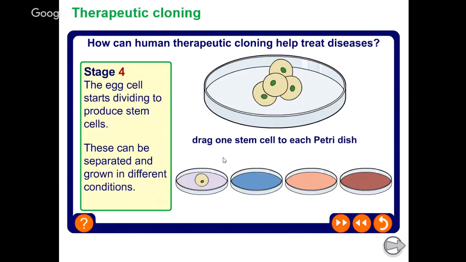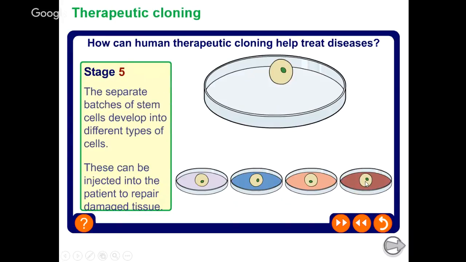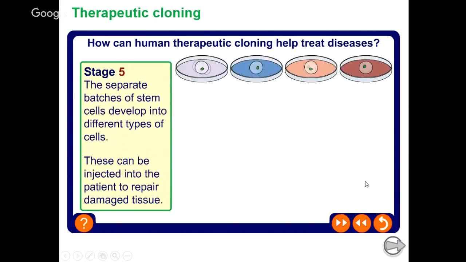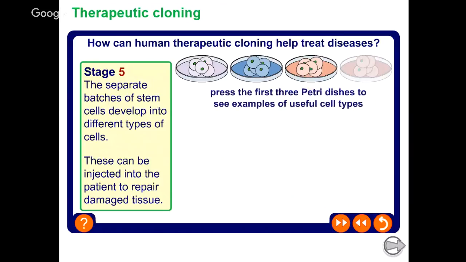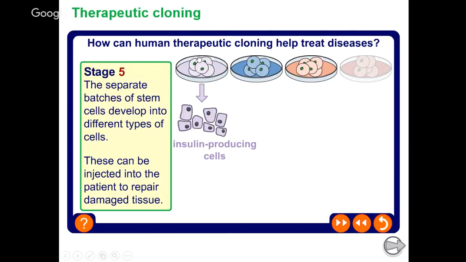And then we could take cells and we grow them, but under different conditions. So they'd be growing with certain hormones and growth factors present. Maybe we can make these cells specialize into insulin-producing cells you might find in the pancreas.